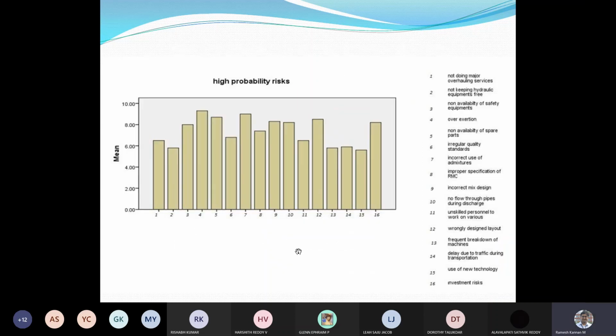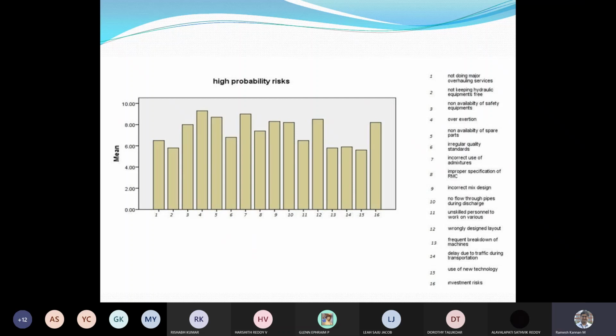And then high probable risk, like this, we have criteria, some 16 things. One is not doing major overhauling service. So hauling processes is also, hauling is just like taking care of the materials and depositing and transmitting, right? So overhauling services, not keeping hydraulic equipments free. So when the hydraulic equipments keep on running, then it will be a disaster.